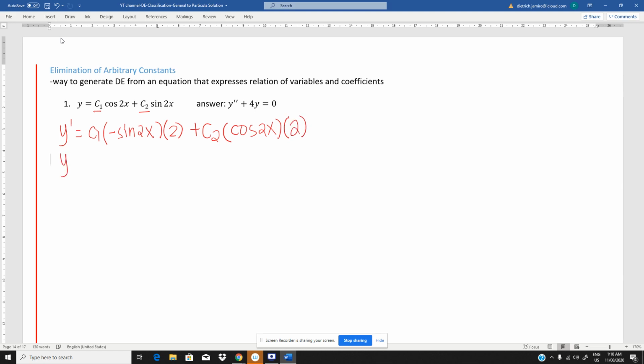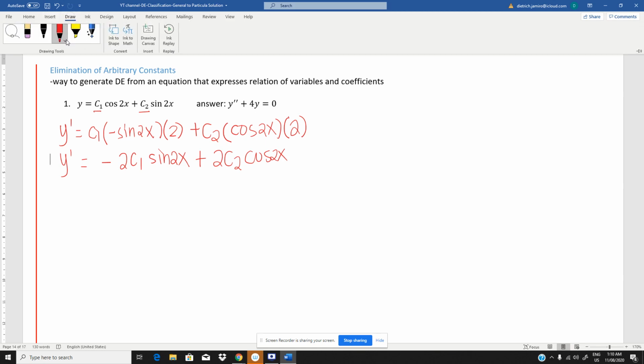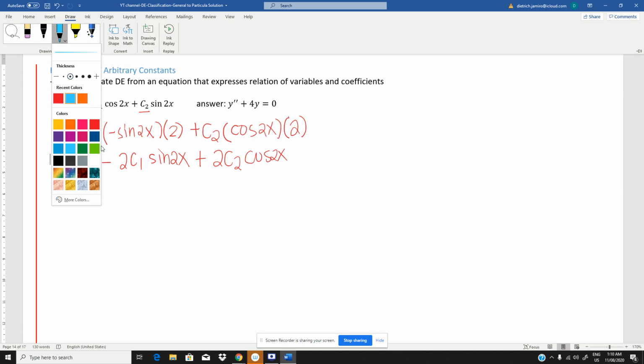Simplifying further, we will have negative 2c1 sine 2x plus 2c2 cosine 2x.